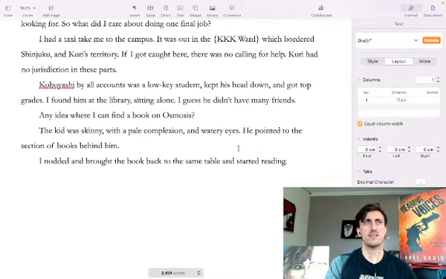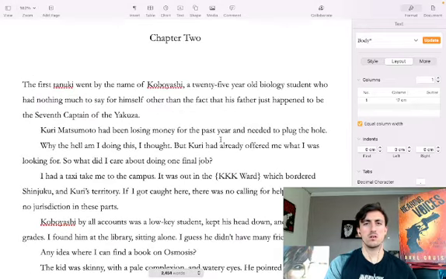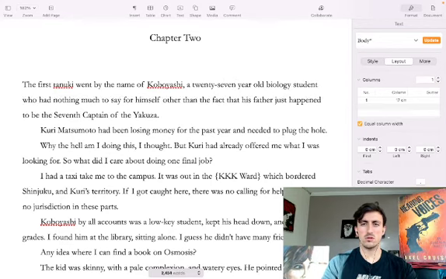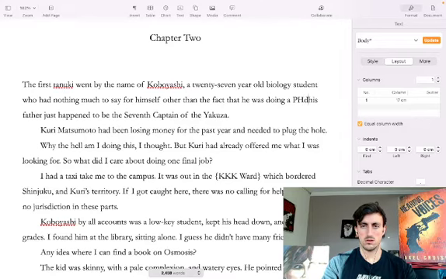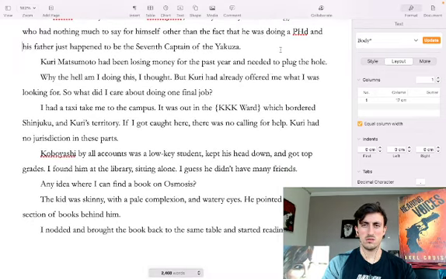I don't see a problem with that. And he needs to find common ground with this student. So let's say this guy is a 27-year-old biology student who had nothing much to say other than the fact that he was doing a PhD. And his father just happened to be the 7th captain of the accuser. So, something like that. What's wrong with that?